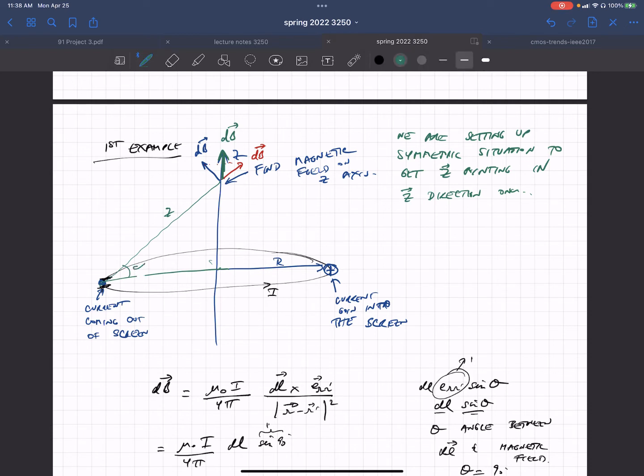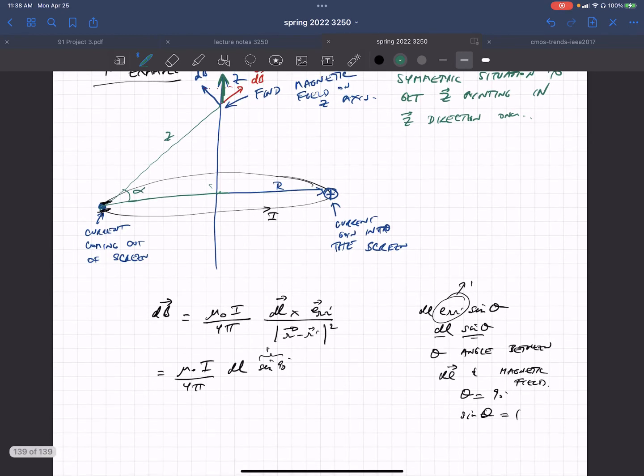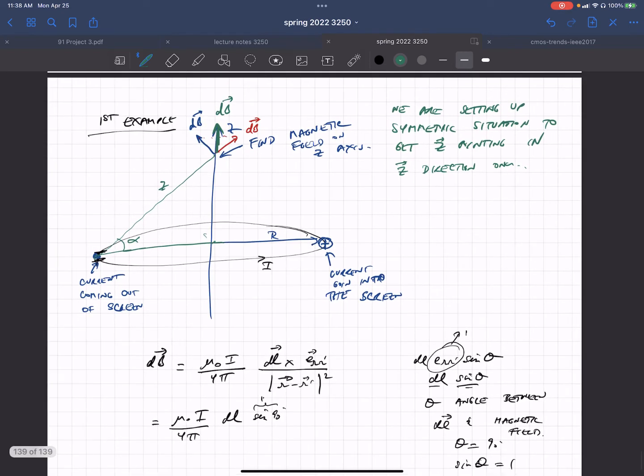So we want to get basically the distance from here to there, and sort of the direction.